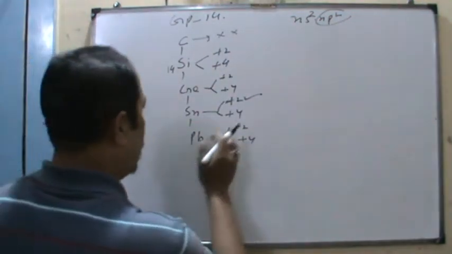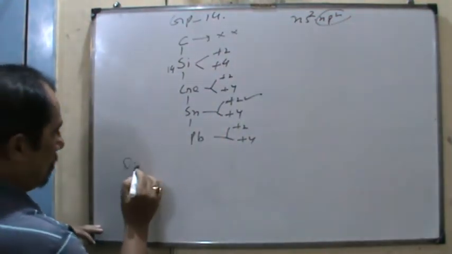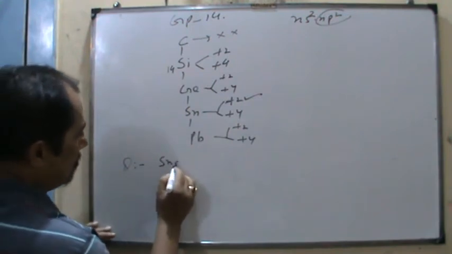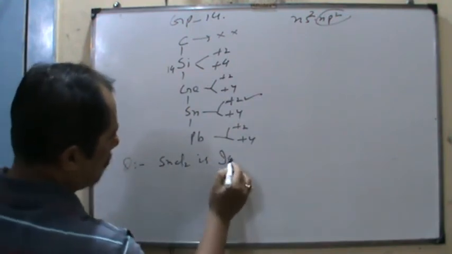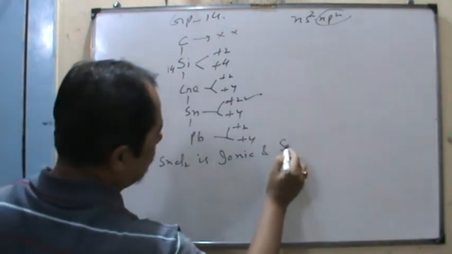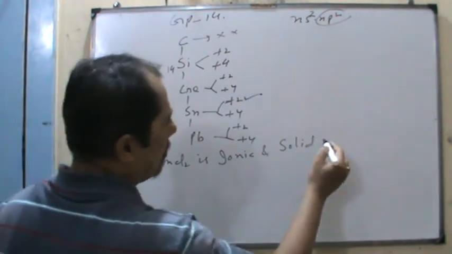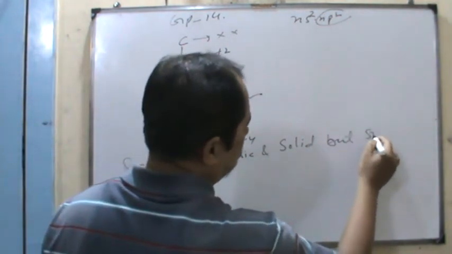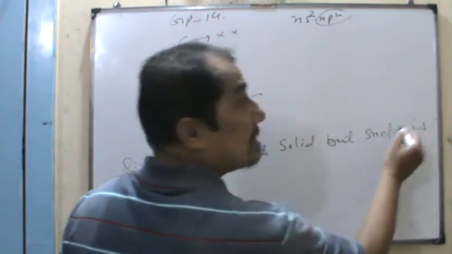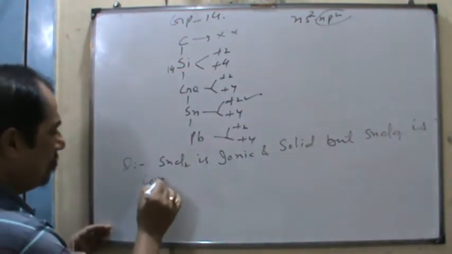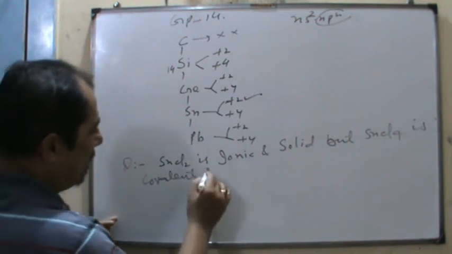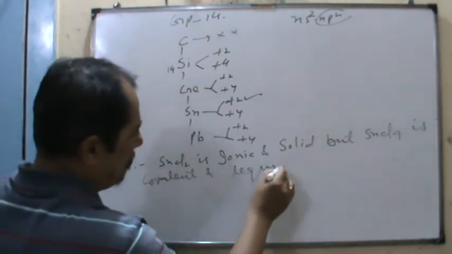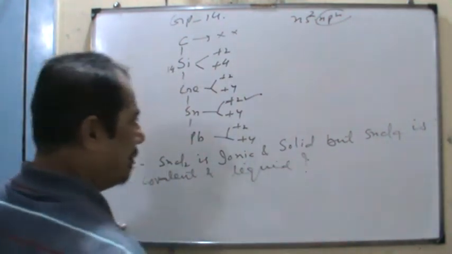If you are put to a question like this: SnCl2 is ionic and solid, but SnCl4 is covalent and liquid. Why?